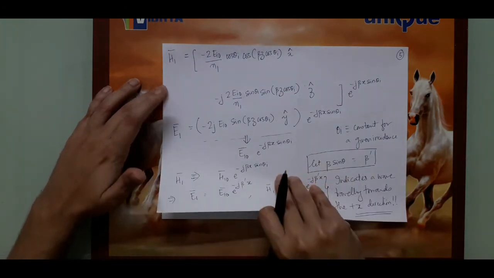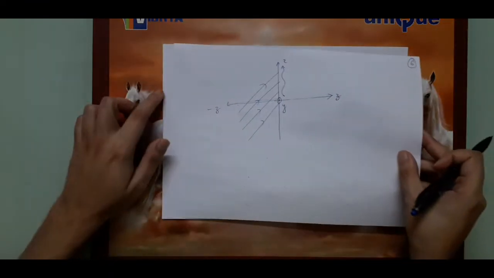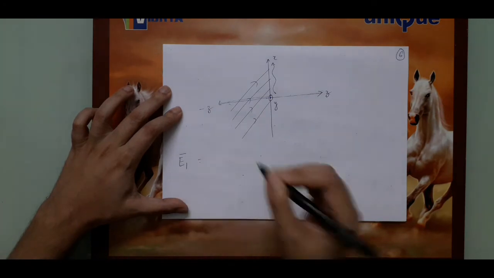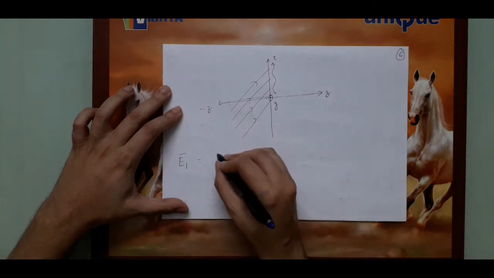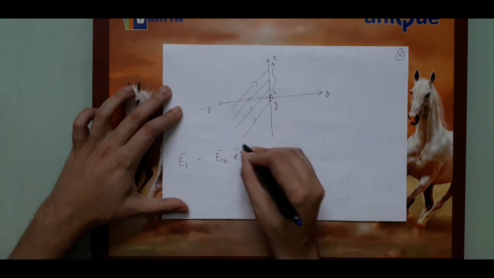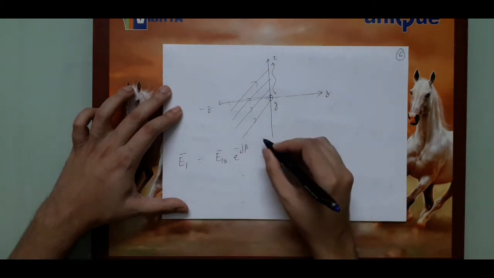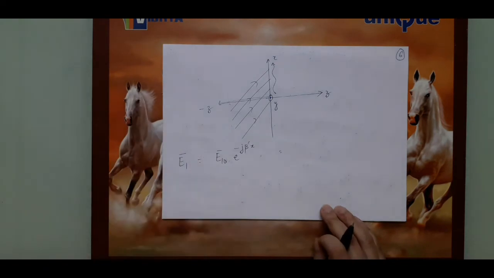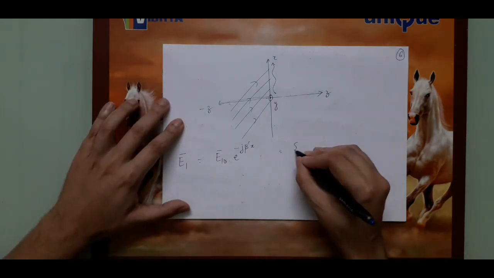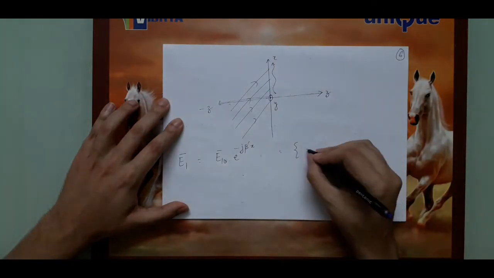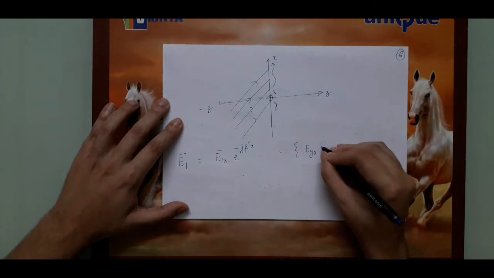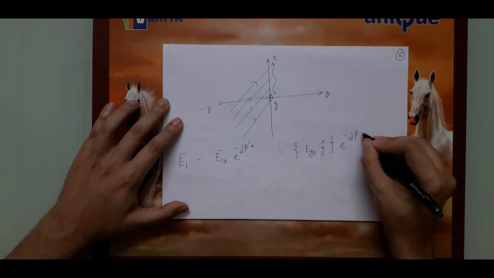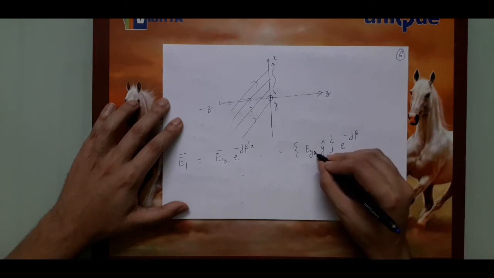So I can write, just like how I said, E1 is equal to E10 times e raised to minus j beta prime x. I can rewrite this E10 as some vector which exists along the y direction, that is some EY0 times y component times this e raised to minus j beta prime x, or let's call it as EY. Let's not write the 0.